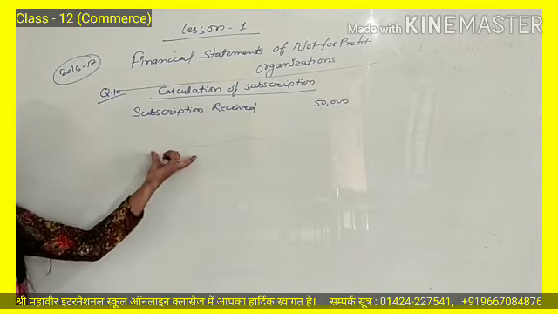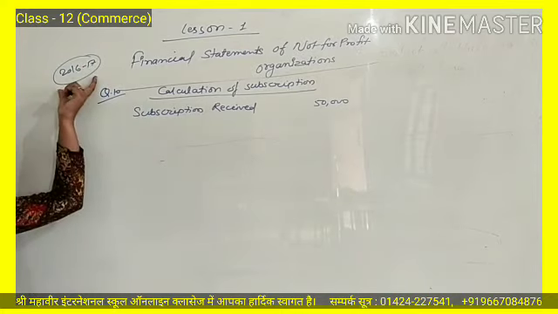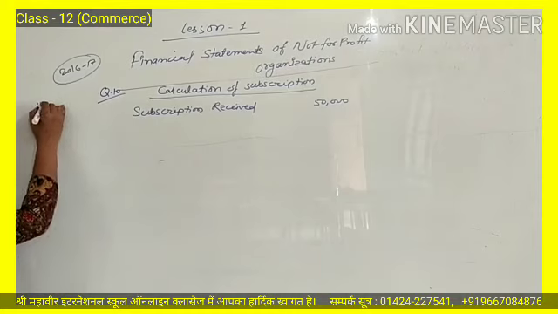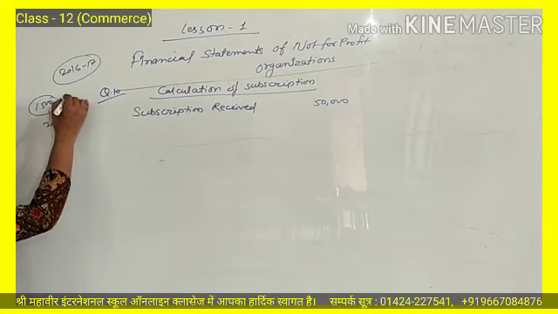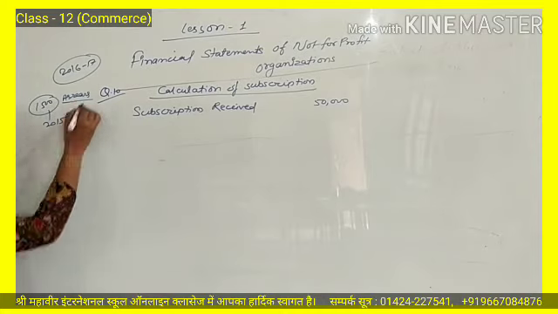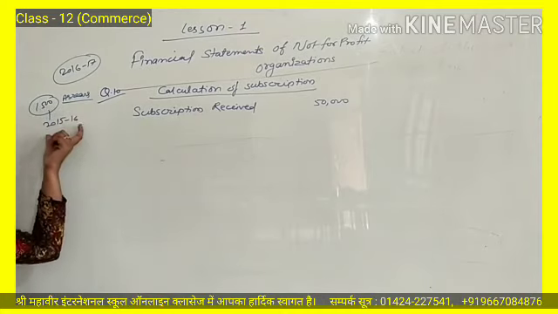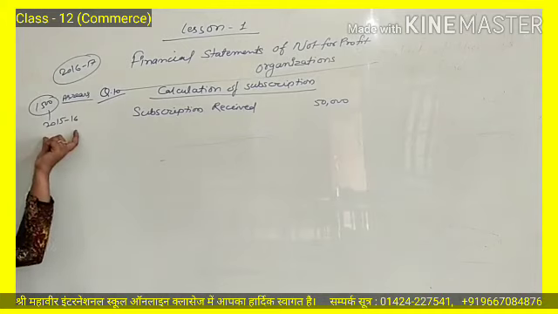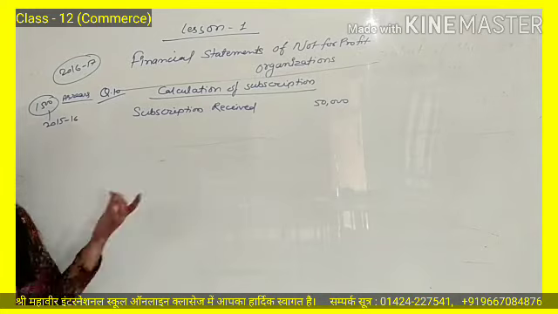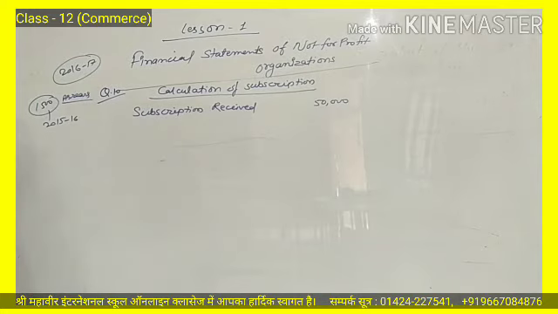You are preparing financial statements for 16-17, but this 1500 rupees arrear is of 2015-16. It means this 1500 rupees arrear is of last year. So this 1500 will be added or deducted from last year's outstanding. Let's see how we will treat it.